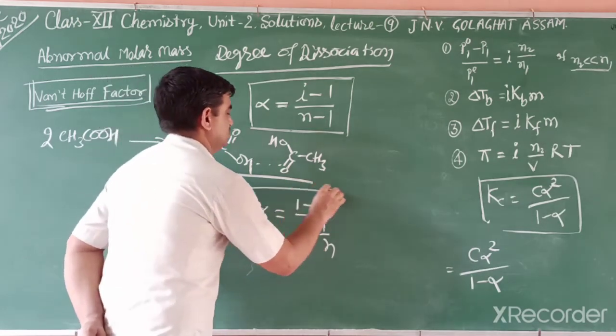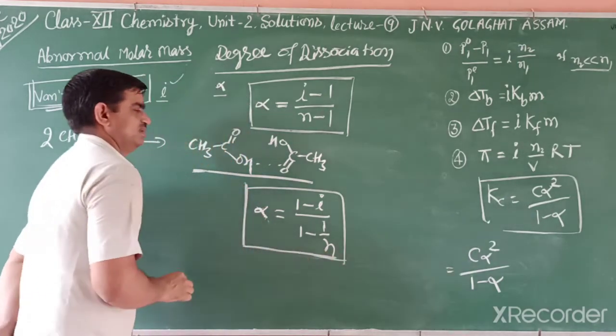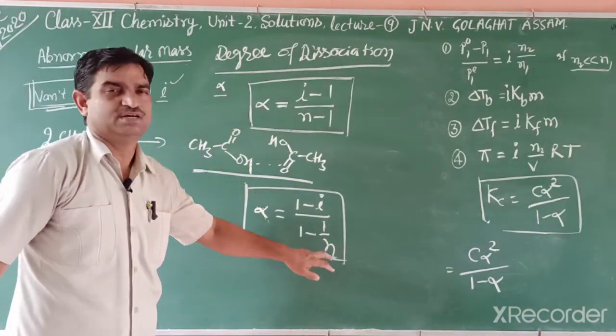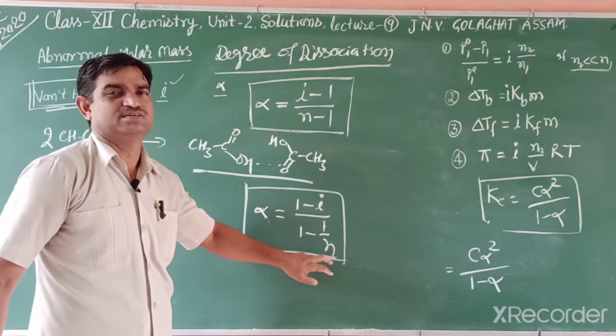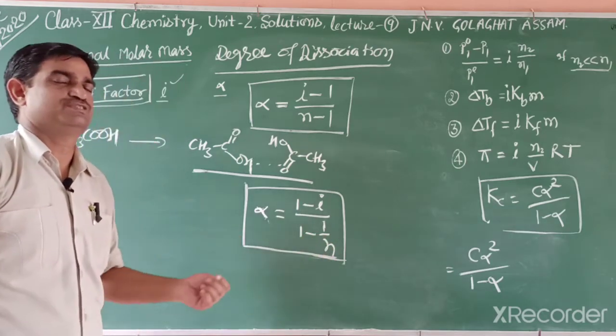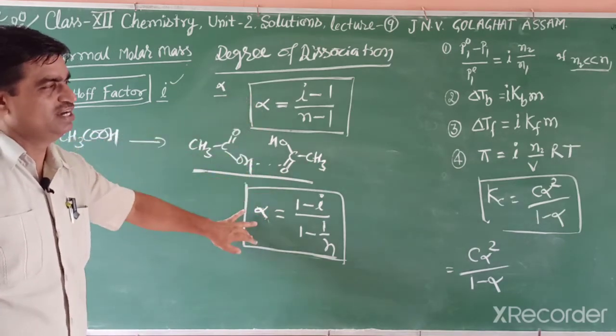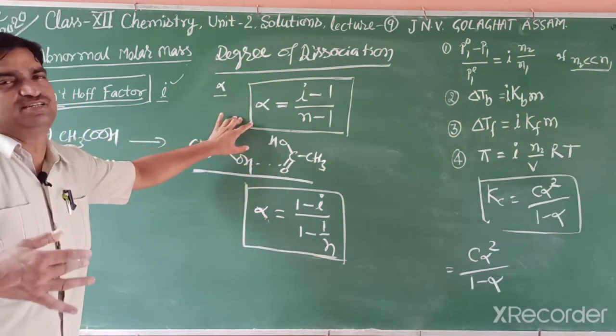This is the relation if the molecules associate. What is n? n means dimer, trimer, tetramer. If dimer, n is equal to 2; trimer means 3; tetramer means 4. So by these two formulas you can solve numericals in a faster way.